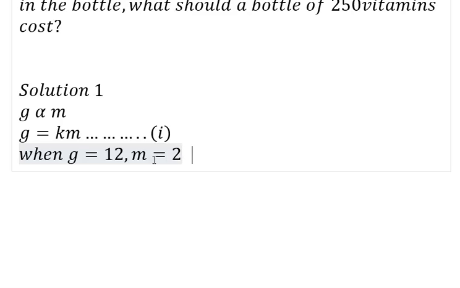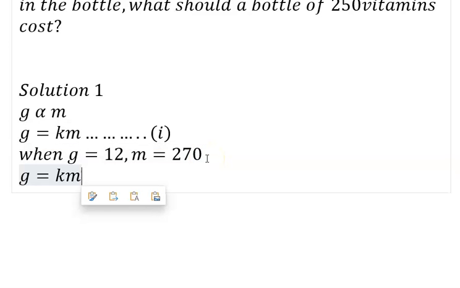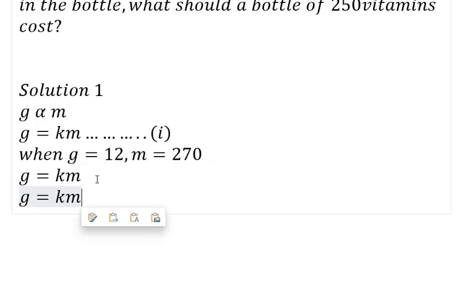Trip of 270 miles requires 12 gallons. This information is also given so that you can look for the value of k that is here. So let's get our k first. Now we've been given our G to be 12 and our M to be 270.